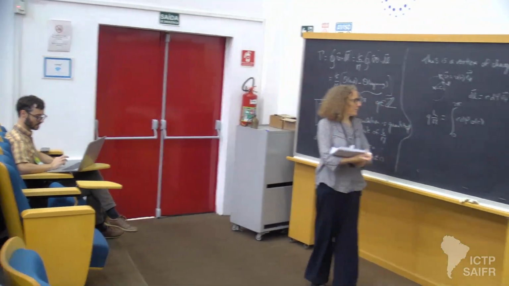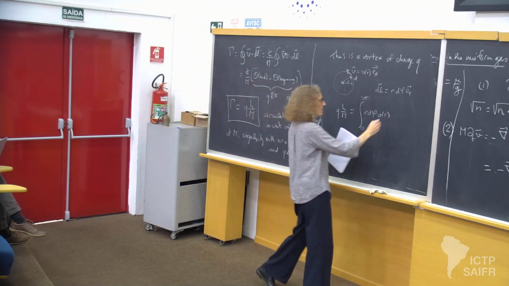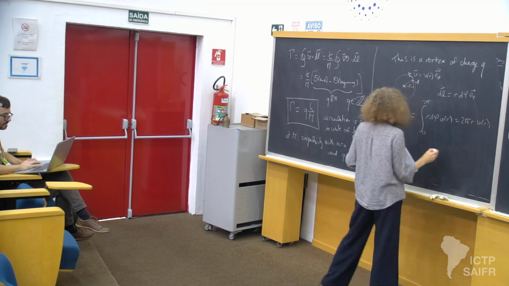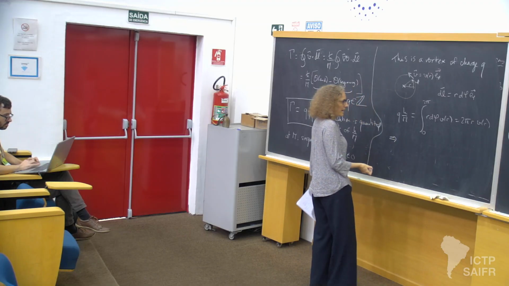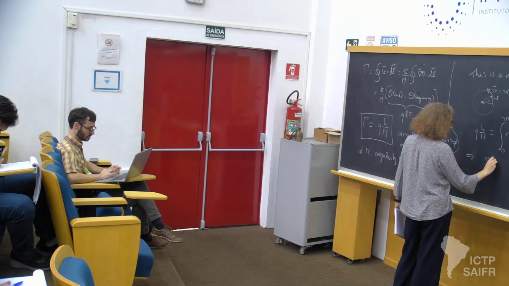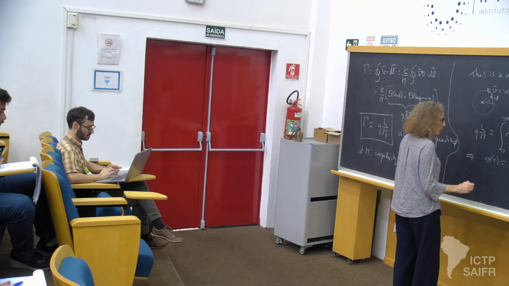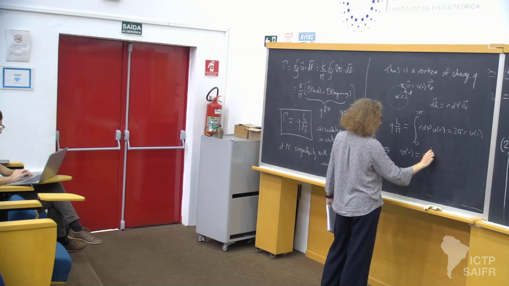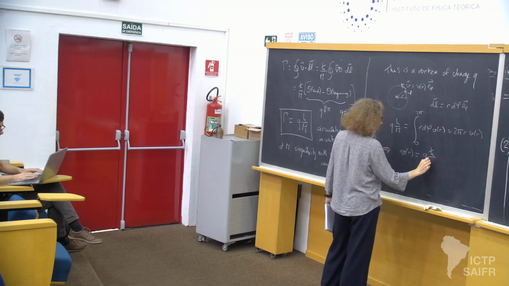So it does not depend on phi. In fact, it's just 2 pi r v of r. And what I find is that to have this kind of velocity field, I need to choose v of r equal to h divided by 2 pi, which is h bar, so q h bar over m r.